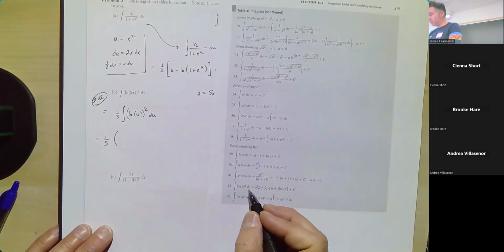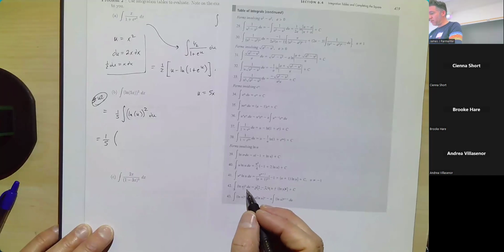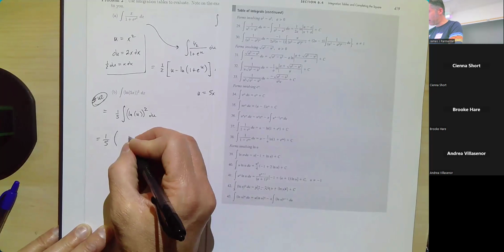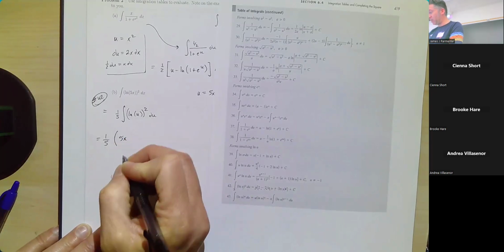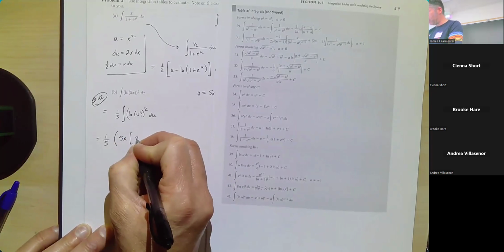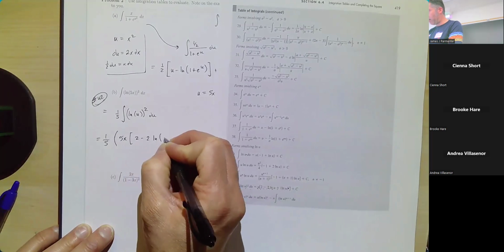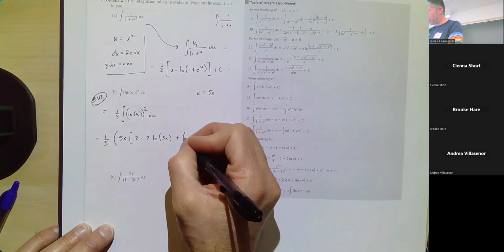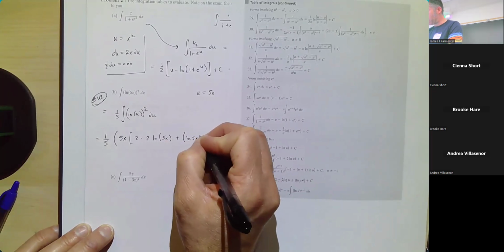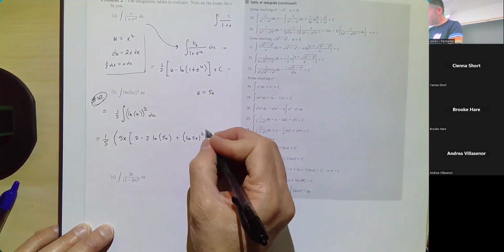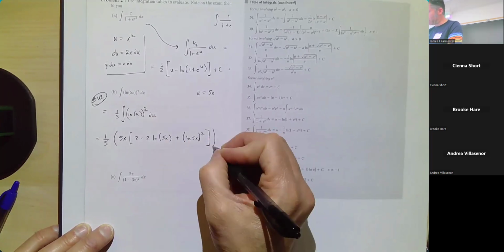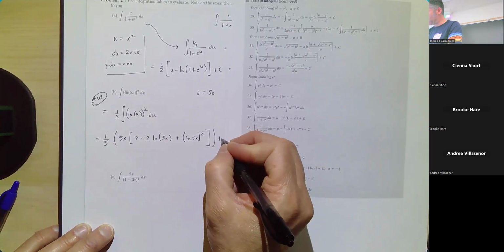And then plugging this in, okay, I don't love it, but I'm gonna do it. 5x, that's my u, times 2 minus 2 natural log of 5x, that's my u, plus parentheses, natural log of 5x squared, close the bracket, and then close the parenthesis, and then plus c.